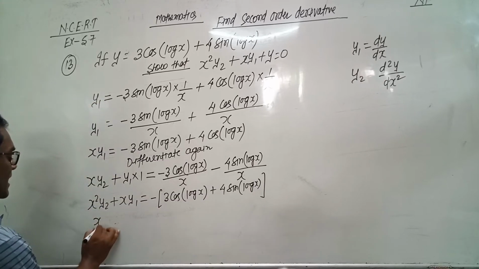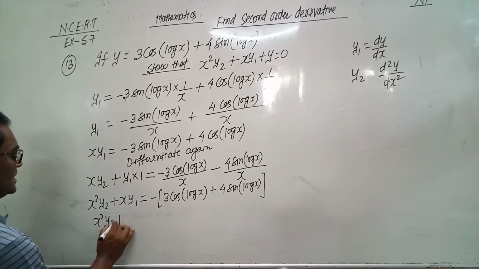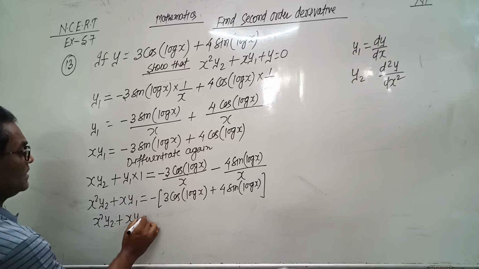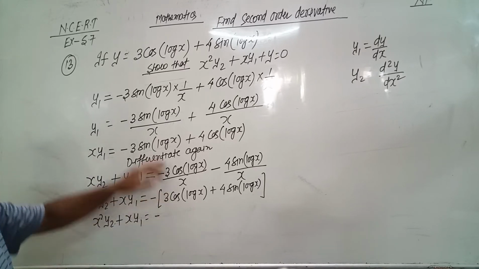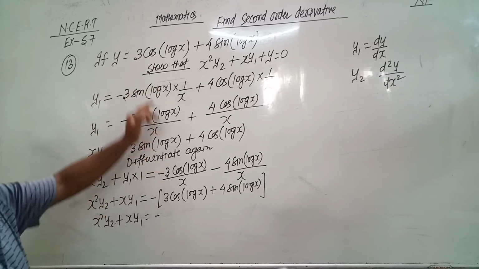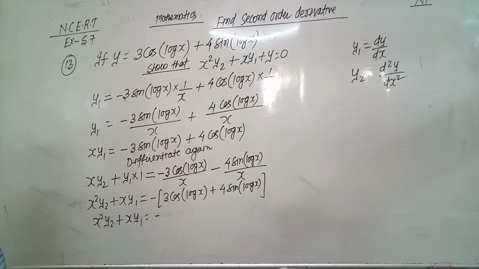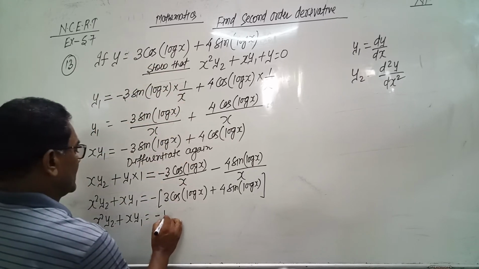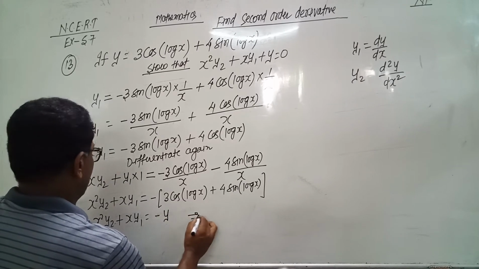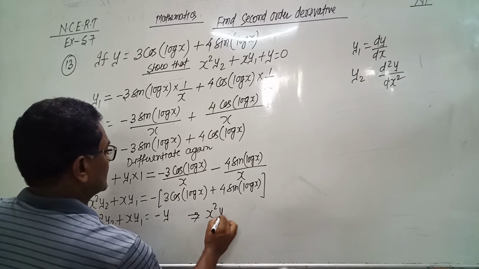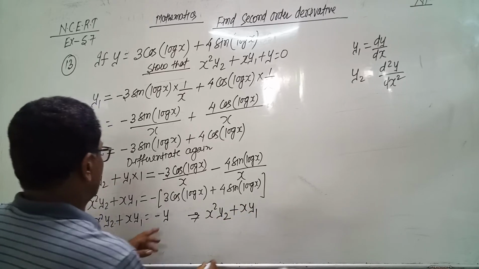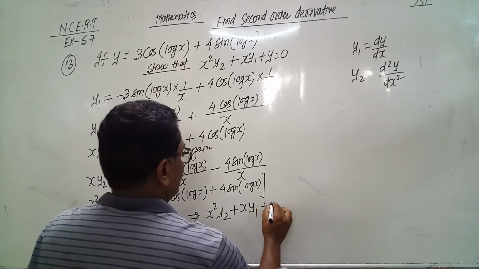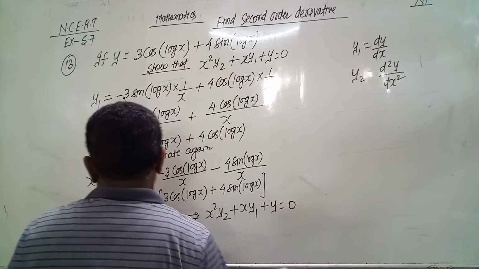And this is x square y2 plus x y1 equals minus, and this may be written as y, because y equals 3 cos log x plus 4 sin log x. So this becomes minus y, and the result is x square y2 plus x y1, and minus y will go to the left side, becoming plus y equals 0.